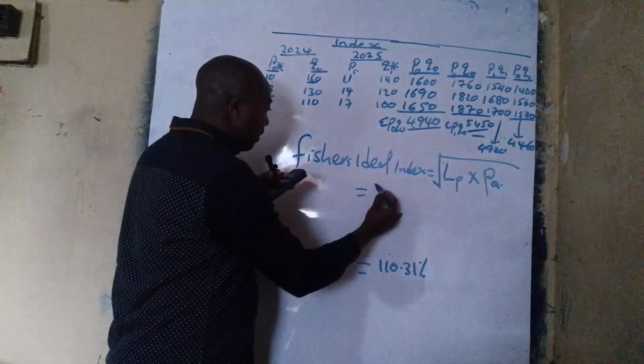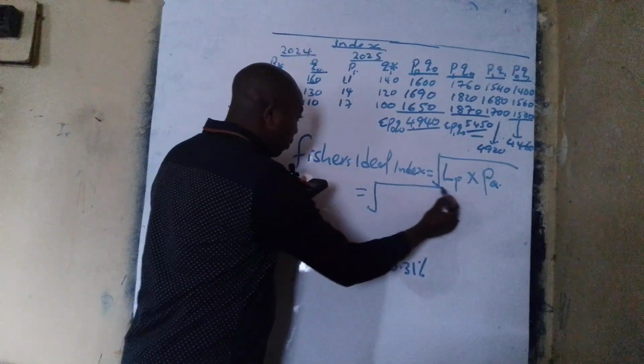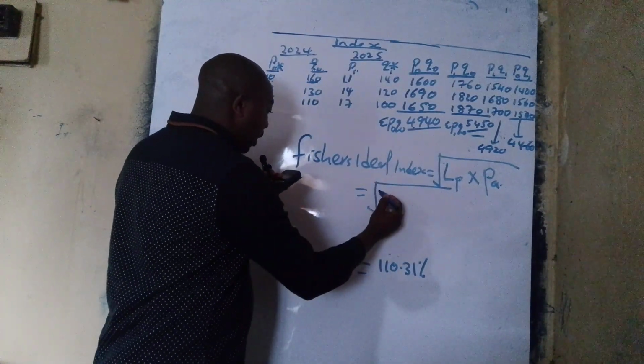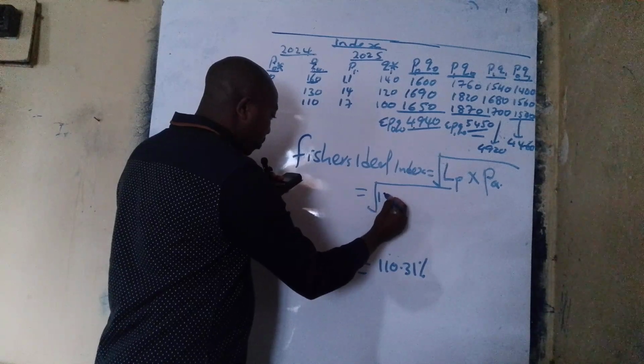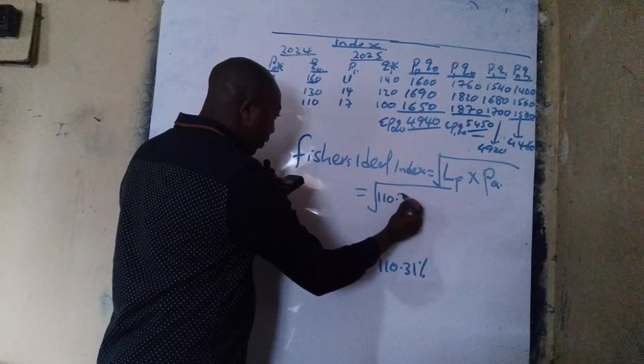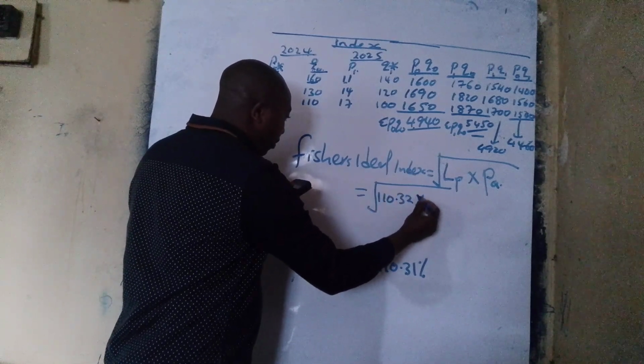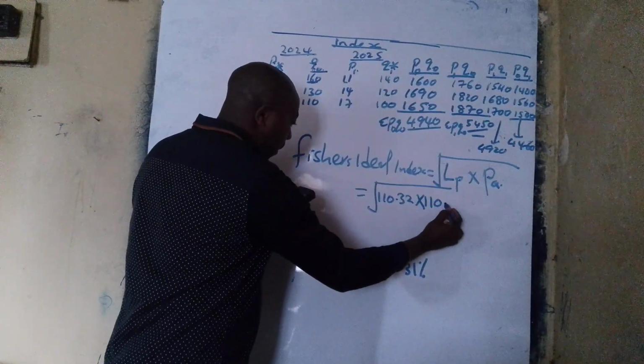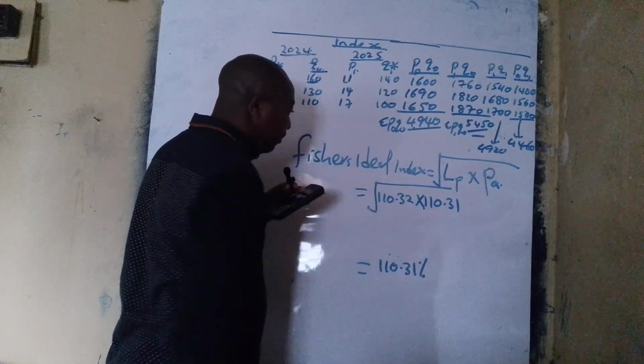This gives us the square root of, I think Laspeyres was 110.32, Paasche is 110.31.